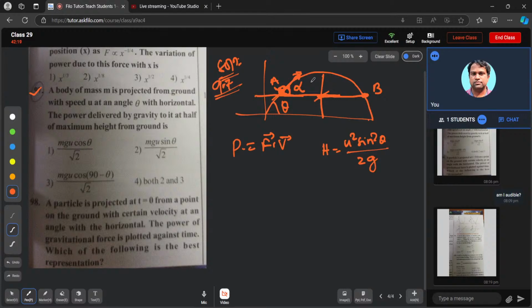Perpendicular to what? The object is moving like this. So if this is the mass m, it will have mg downward.